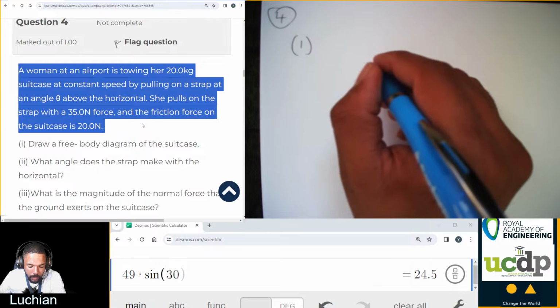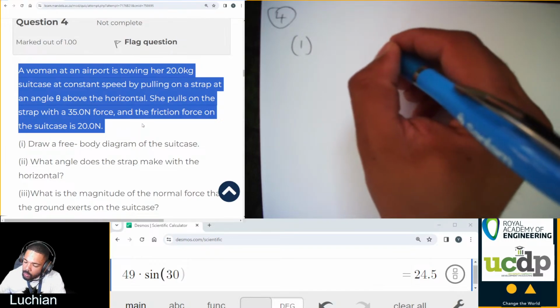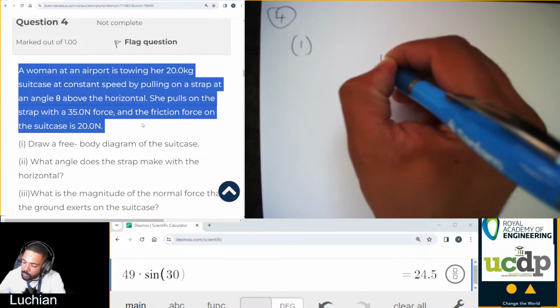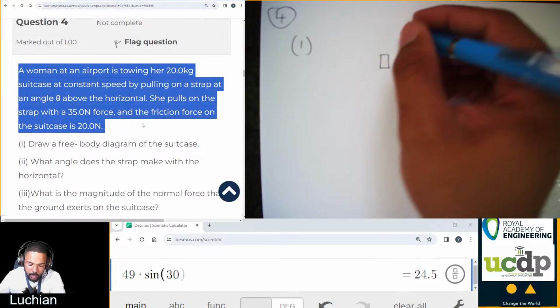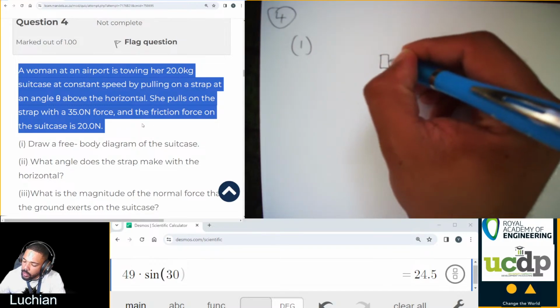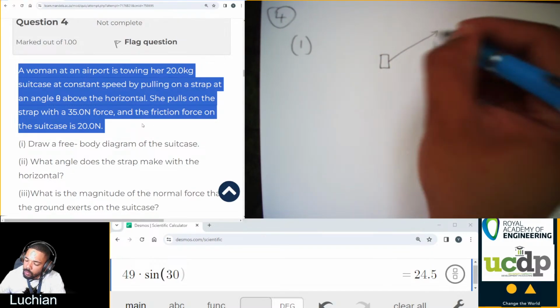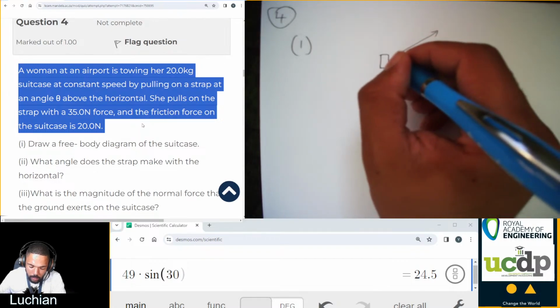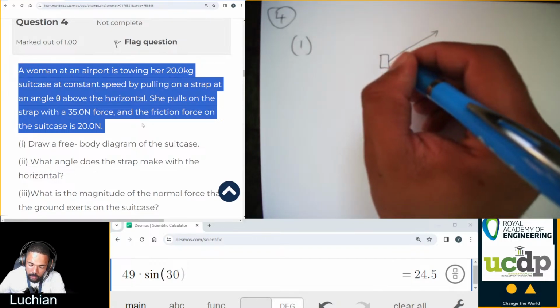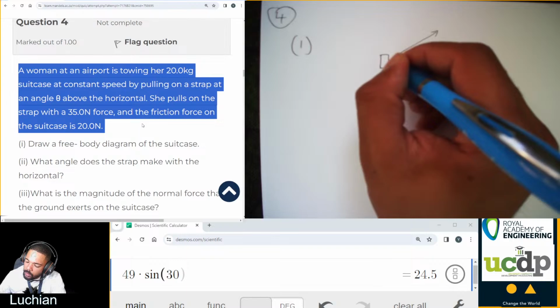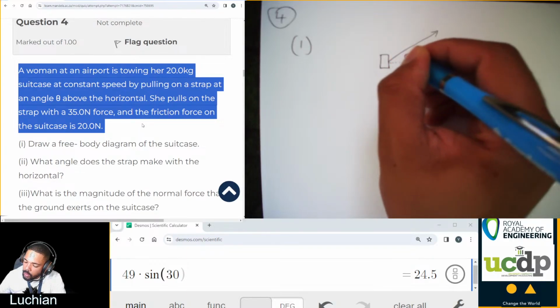So this is the suitcase. It's being pulled at an angle with the horizontal, at an angle of theta degrees.